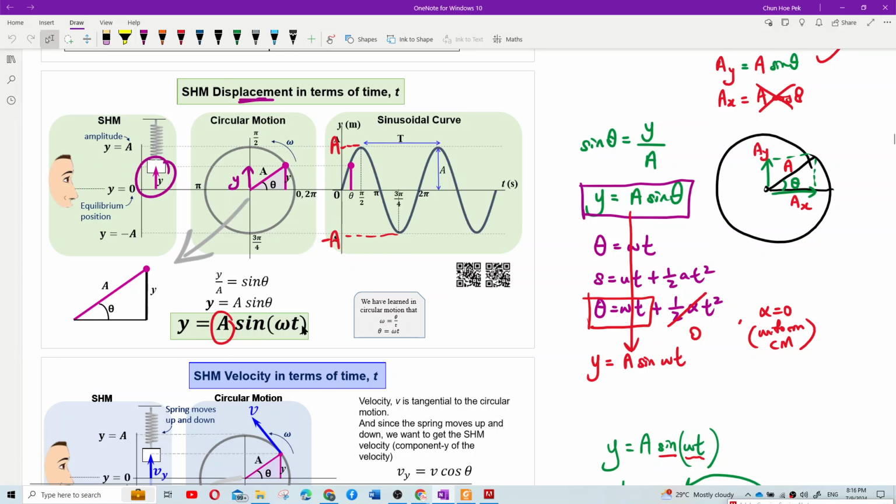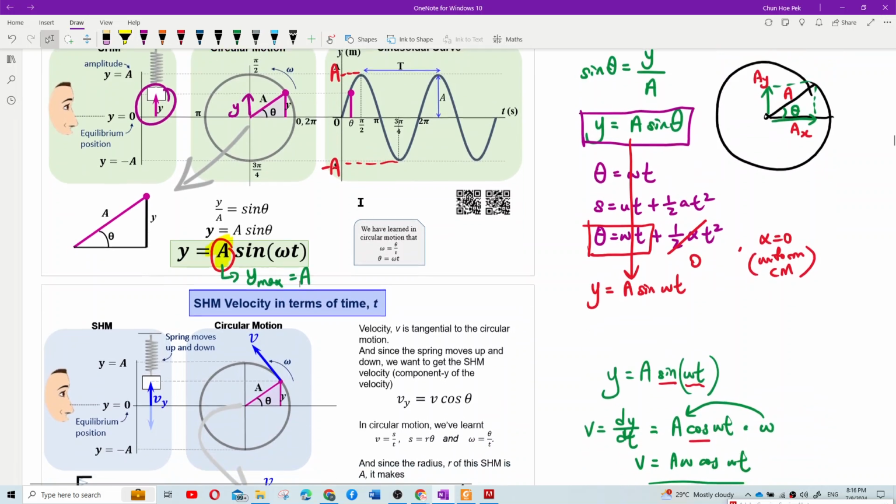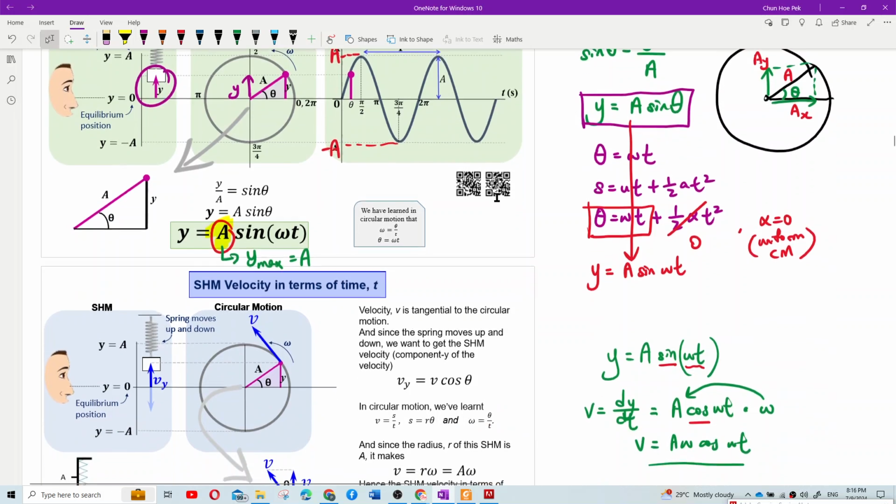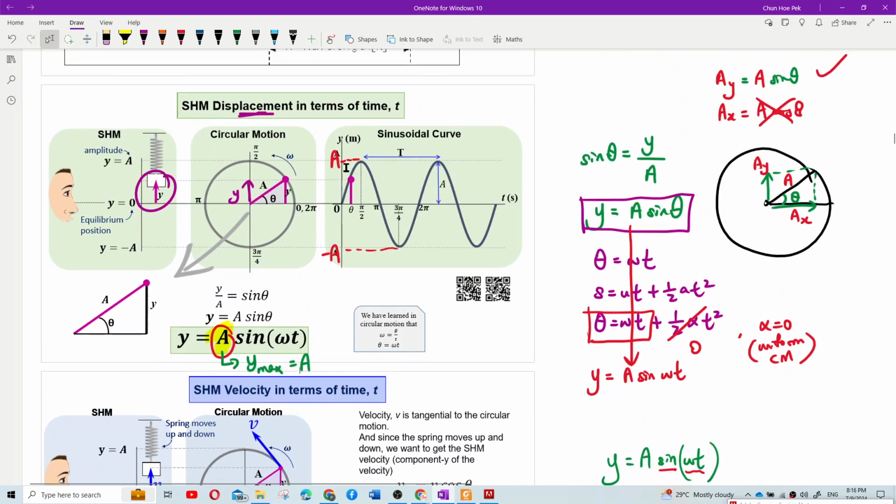So this A is the y maximum. Y maximum is amplitude. This is very important. The graph here, the maximum is amplitude, and you can see it's a sine graph.